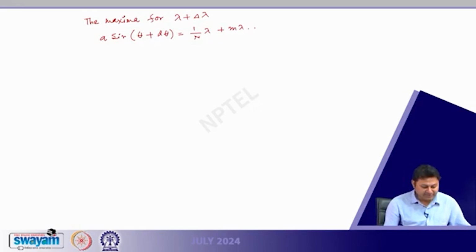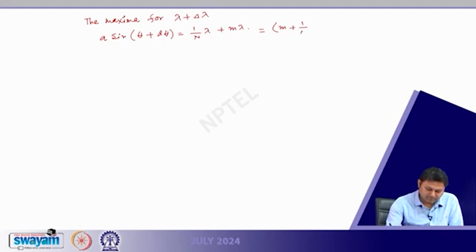So, once we have this we can write m plus 1 by N lambda, that we have, and we already have another expression in our hand, A sin theta, that is equal to our m lambda.